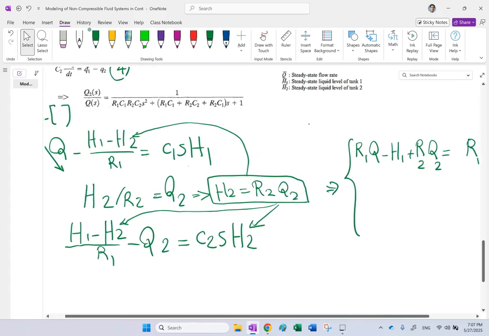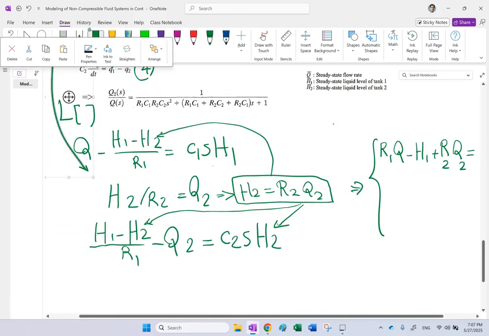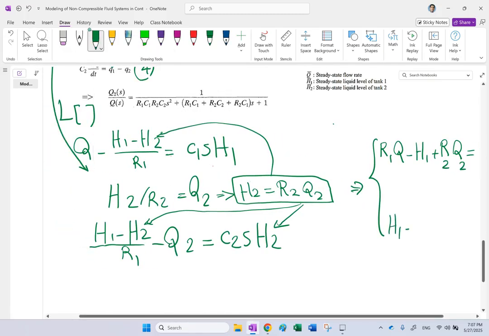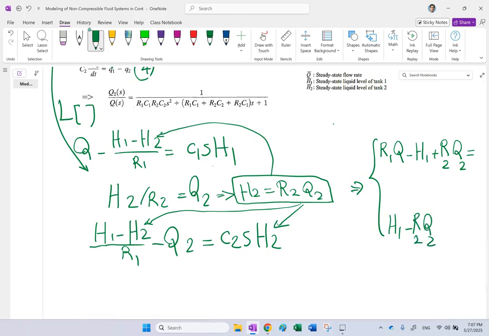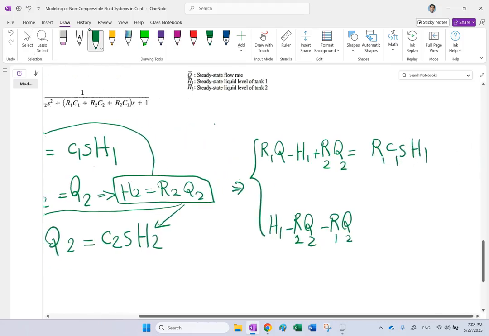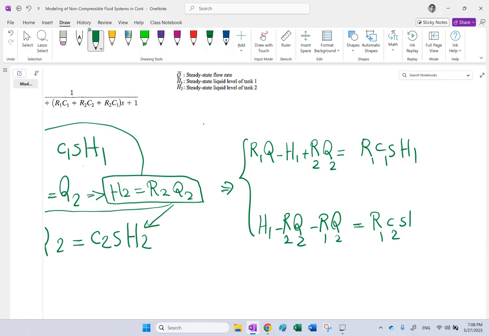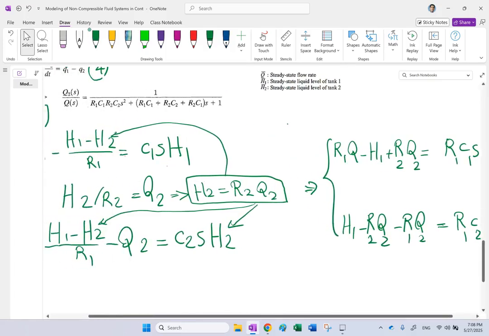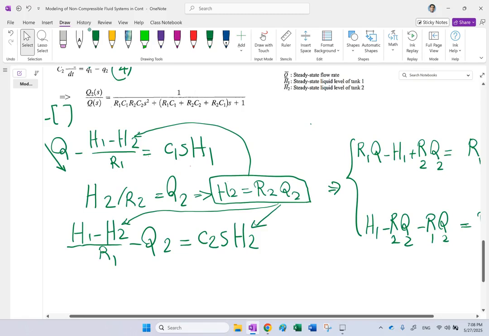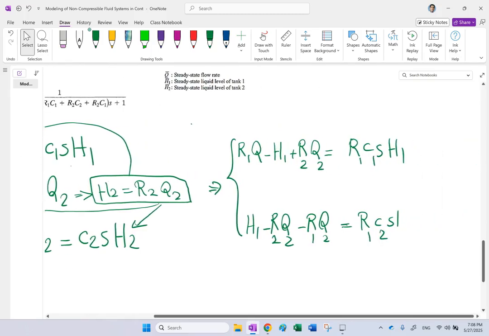And the last equation, again, if I multiply by R1, it's going to be H1 minus R2Q2. And then minus R1Q2. This is equal to R1C2 S times R2Q2.